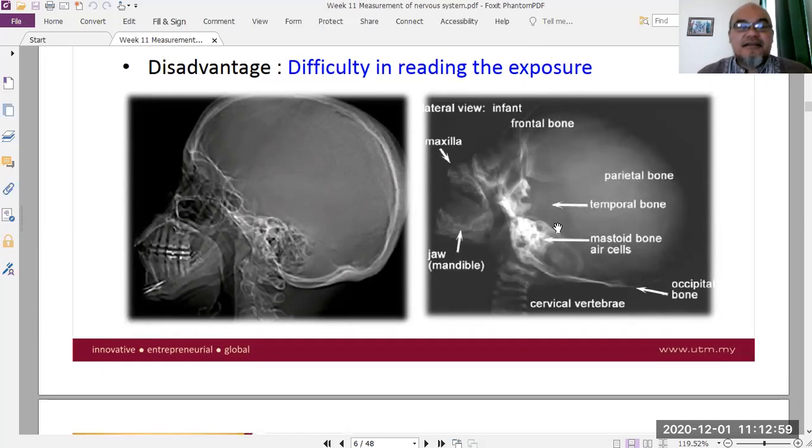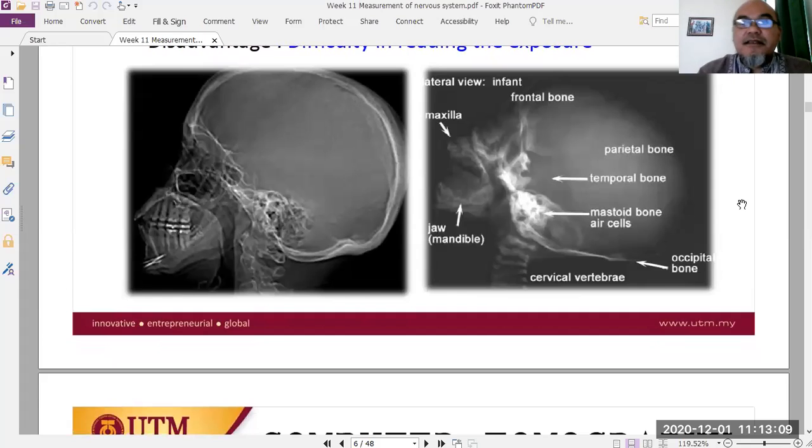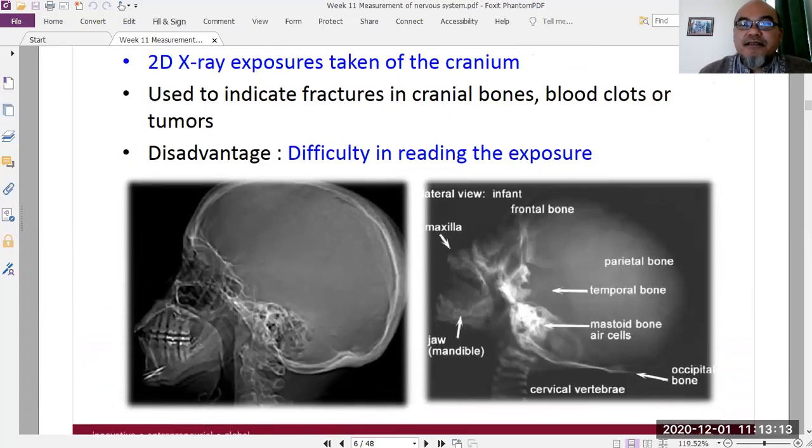That is why this requires another specialization in the medicine department, the radiologist in radiology, because it is not that easy to interpret the image. So one of our roles, maybe as biomedical engineers, I believe you will learn image processing in semester 7.